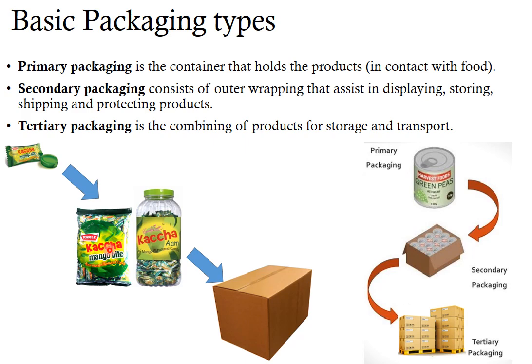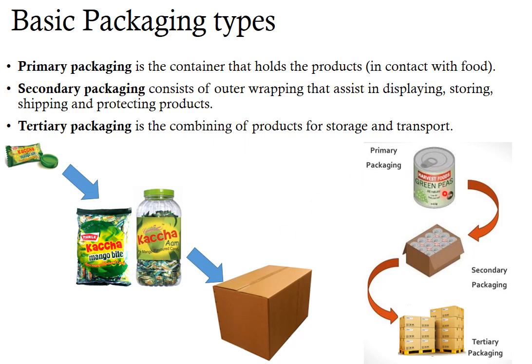So this helps in storing, displaying the product. It becomes your secondary container or secondary packaging. And third is your tertiary packaging. Here you have a corrugated fiberboard box which will contain all the bags of your mango candy, so that it becomes easy for them to store it and transport it to different markets.